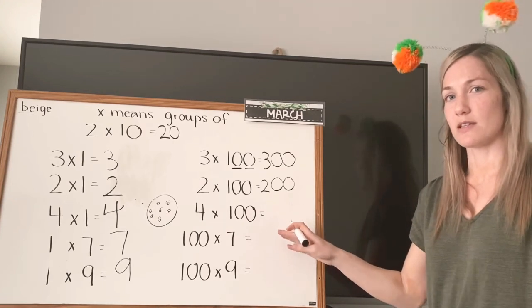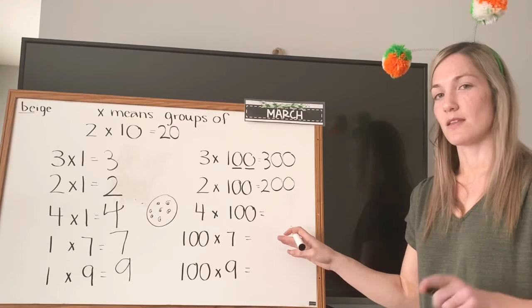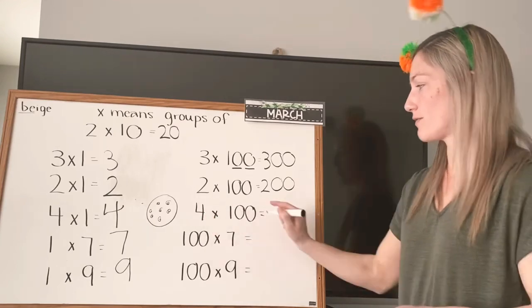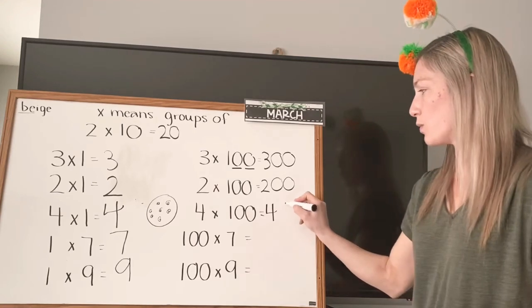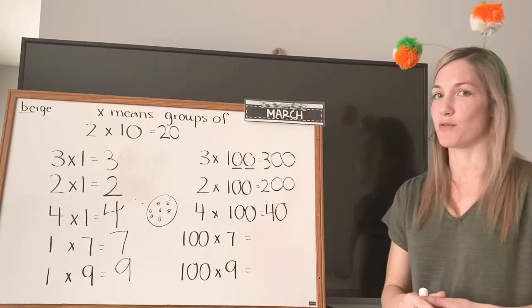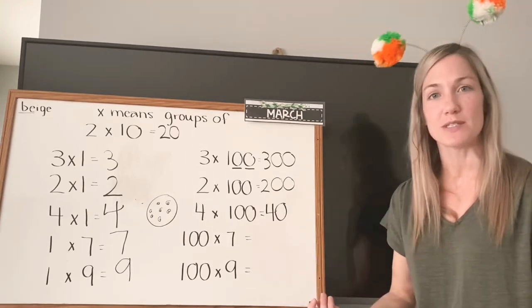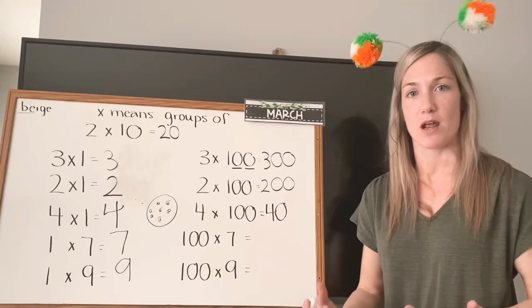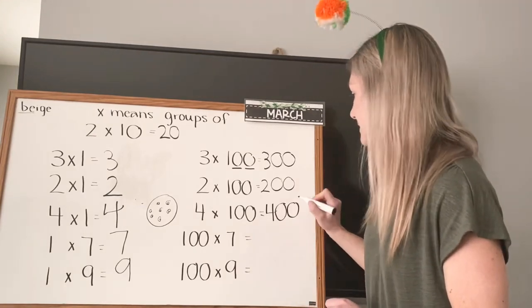What do you guys think the answer is? That's right. You take your 4 and you add 1 zero, right? I know if we were in class, you guys would all be standing up and saying, no, Mrs. Agrell, we add 2 zeros because in the number 100, there are 2 zeros. That's right, boys and girls.